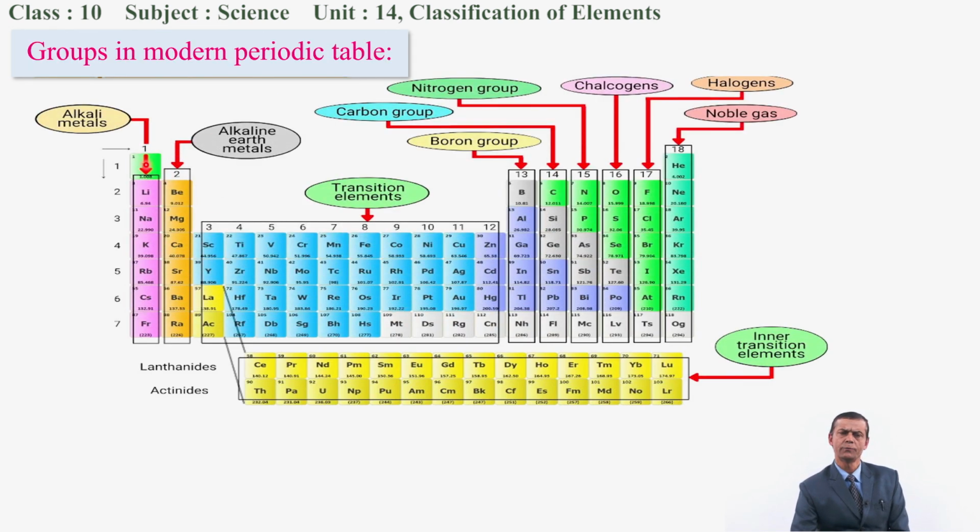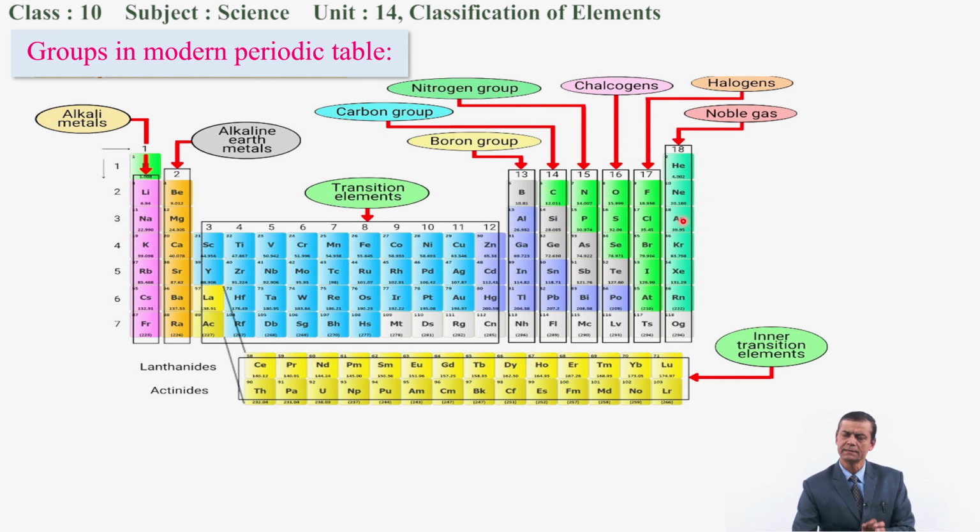Look at here. Group 1 is called alkali metal, group 2 is called alkaline earth metal, and this middle one, look at it, these group B elements, which are indicated by the blue color, these are the transition metals, transition elements, and here are the boron group, here is the carbon group, here is the nitrogen group, here is the chalcogen group, here are the halogens, here are the inert gases.